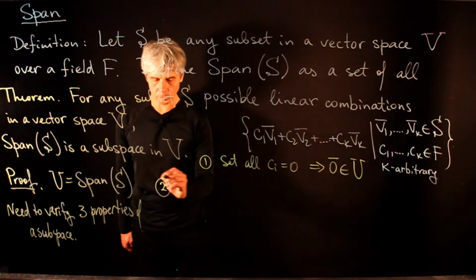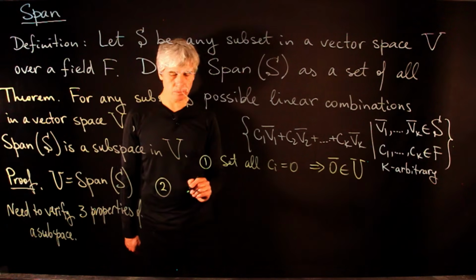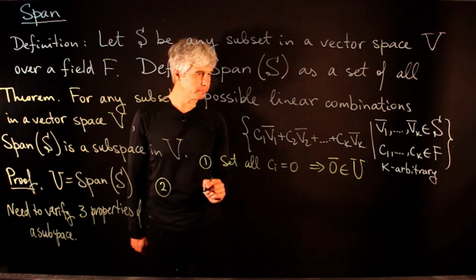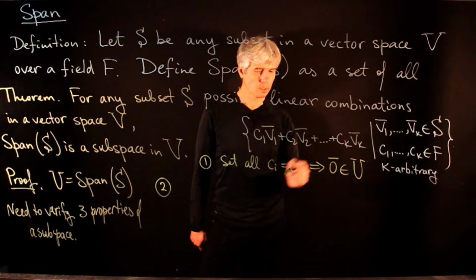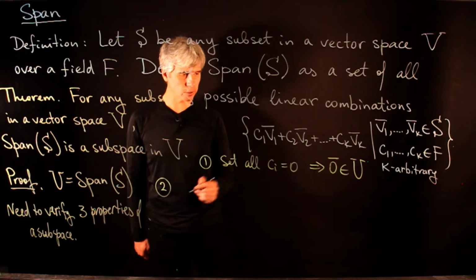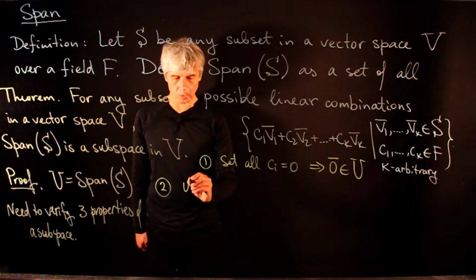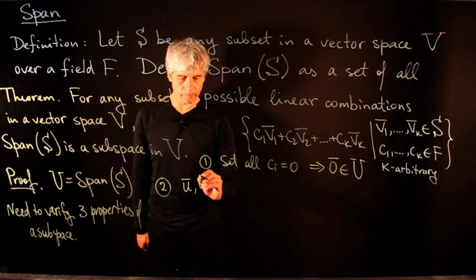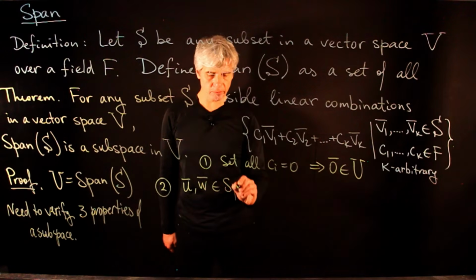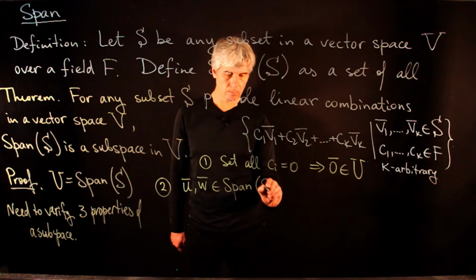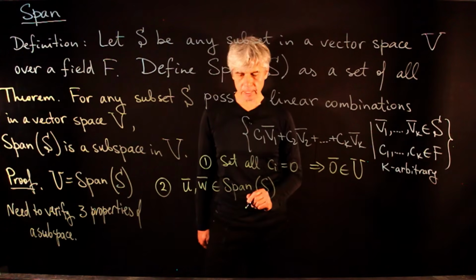2. Suppose we take two vectors from the span. So suppose U and W belong to the span of S. So what does it mean?